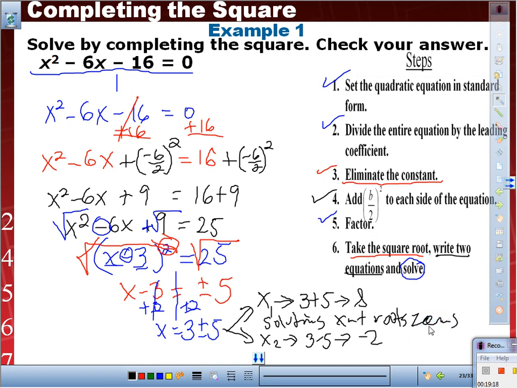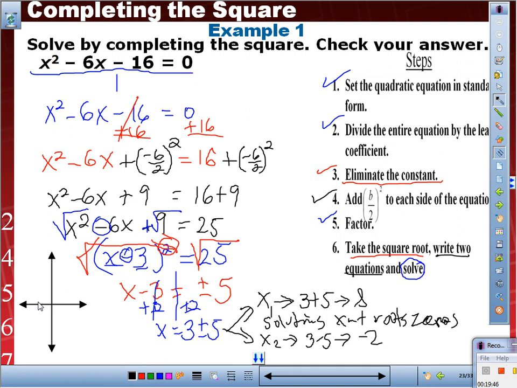You're like, what? I know, right? It's cool. So yeah, copy that, please, and then we'll go over another one together. Go. Now, if we were to graph this, what are my roots?